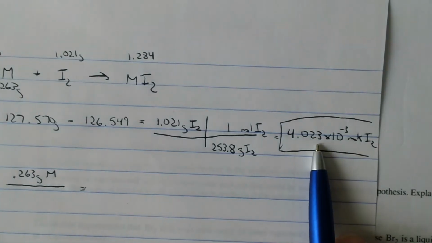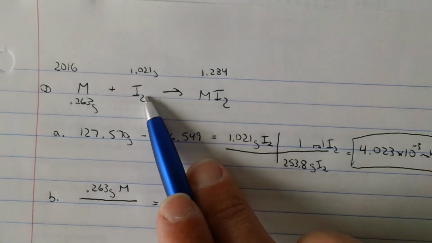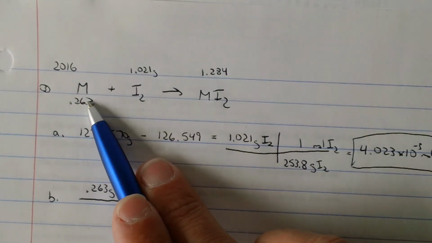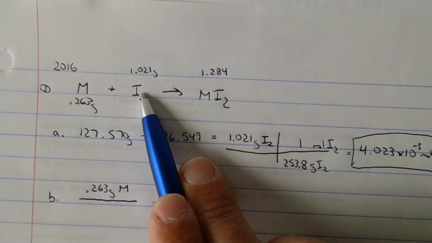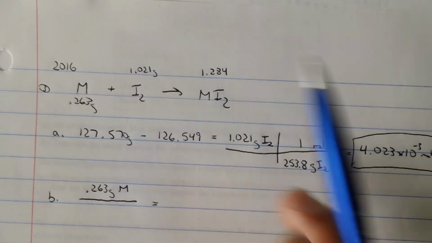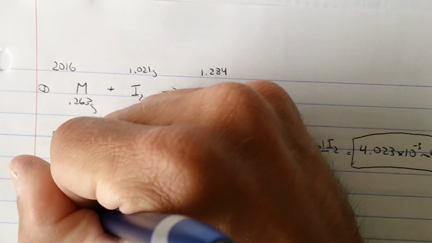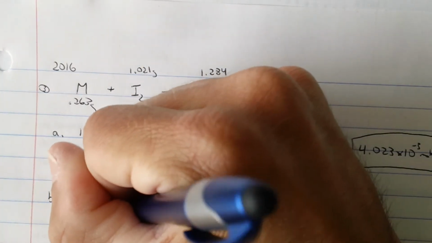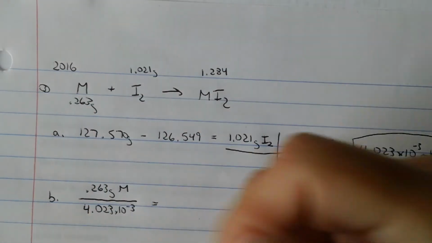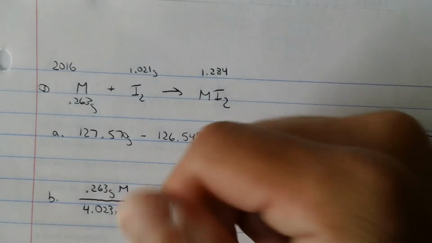That moles of iodine, if that's how many moles of iodine I used, then that's also the amount of M that I used, because this is a 1-to-1 ratio. And so when I do that 1-to-1 ratio, that means if I take this and divide it by 4.023 times 10 to the negative third, it's going to give me the grams of it per the moles of it.